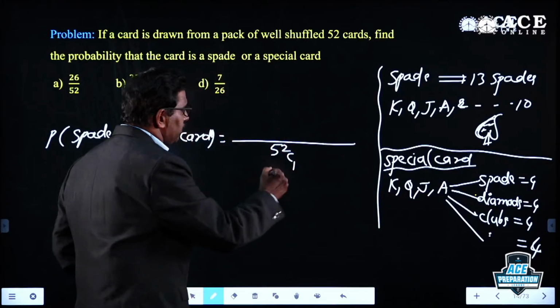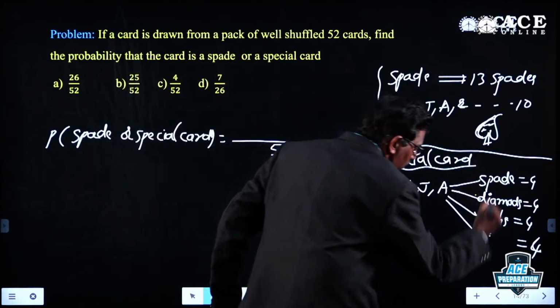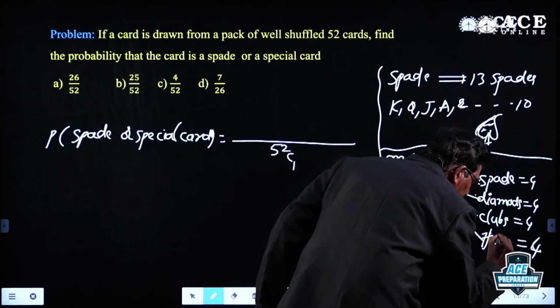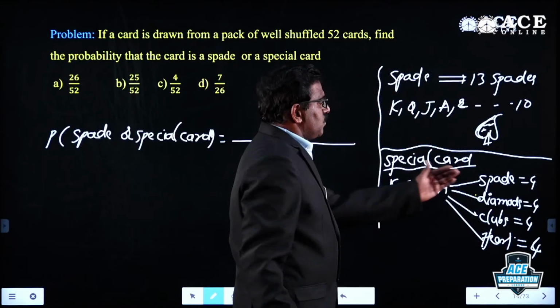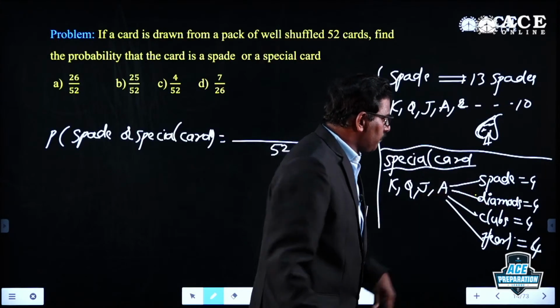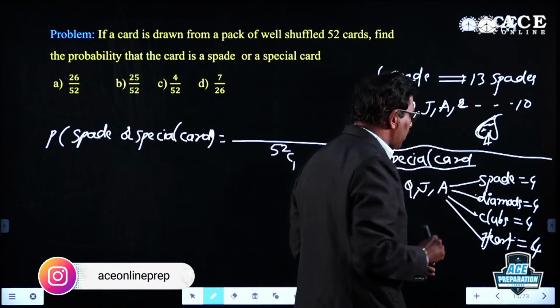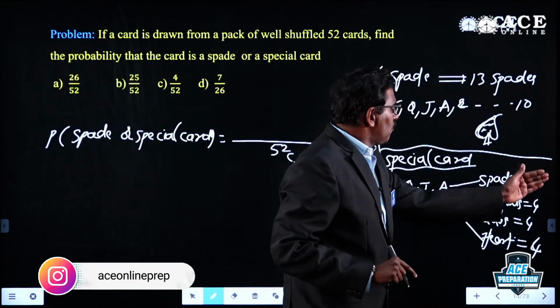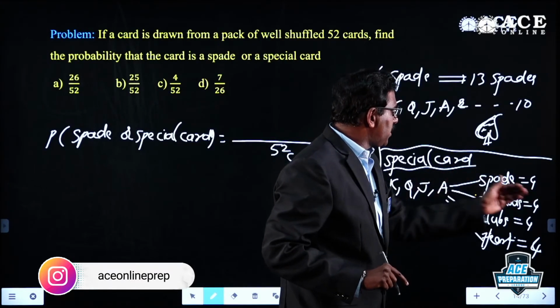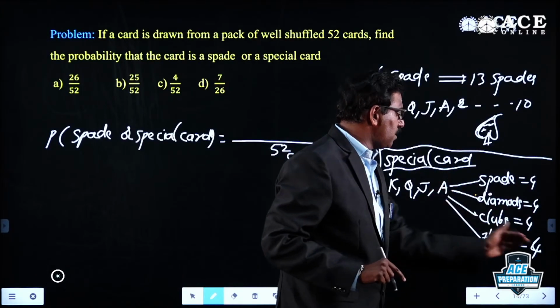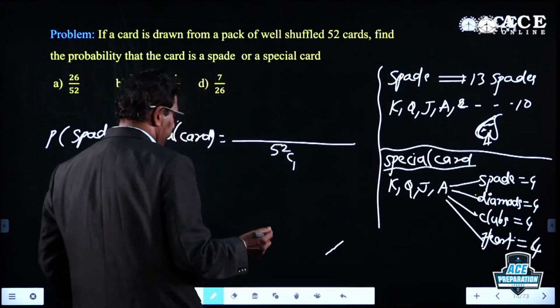That's why 52c1. Sorry, here I did not write hearts. Spades 4, diamonds 4, clubs 4, and hearts also 4. There are 4 spade special cards, 4 diamond special cards, 4 club special cards and heart special cards. Like that, 52c1.